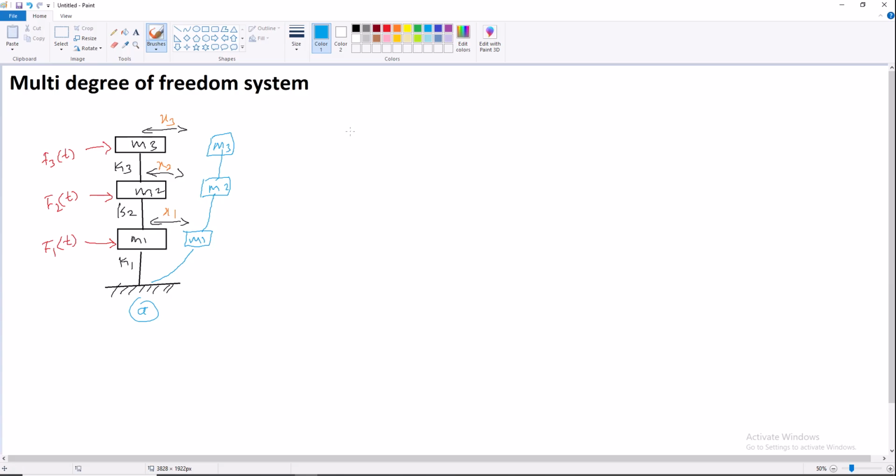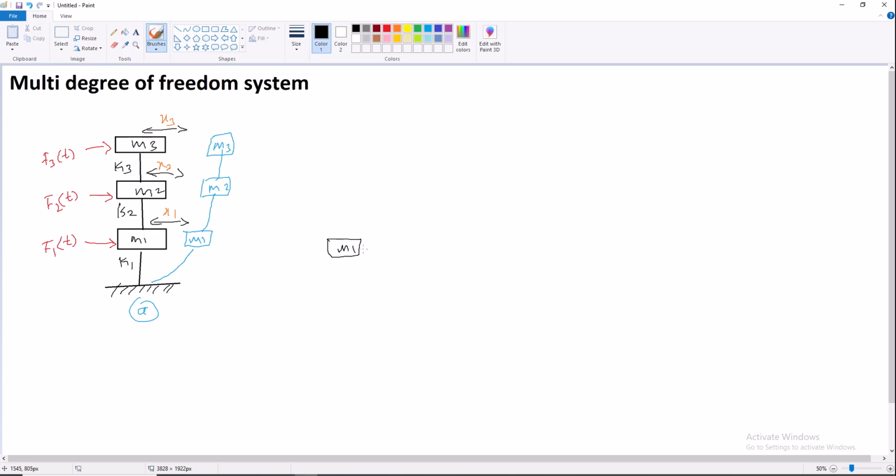Now I will take the free body diagram of this structure. For that, I take the first one, m1.